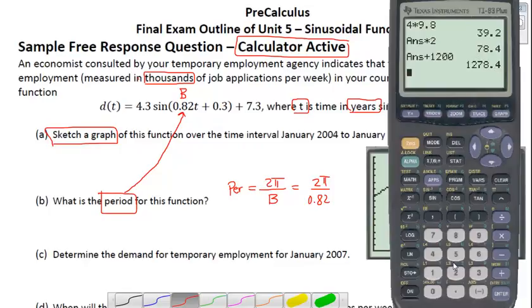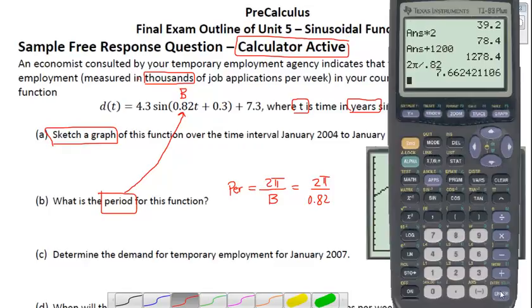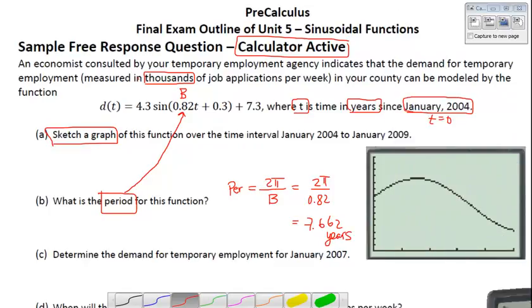So 2 pi divided by 0.82. So the period is about 7.662 years. So this pattern will repeat about every 7.662 years.